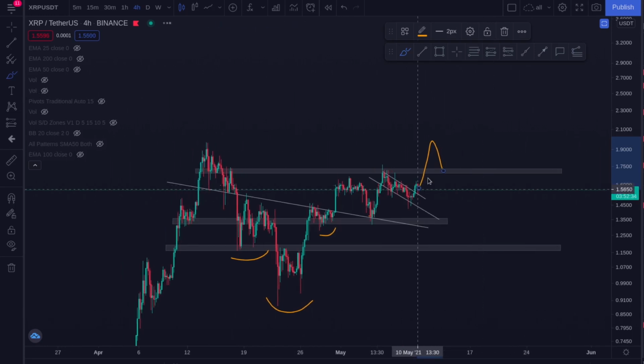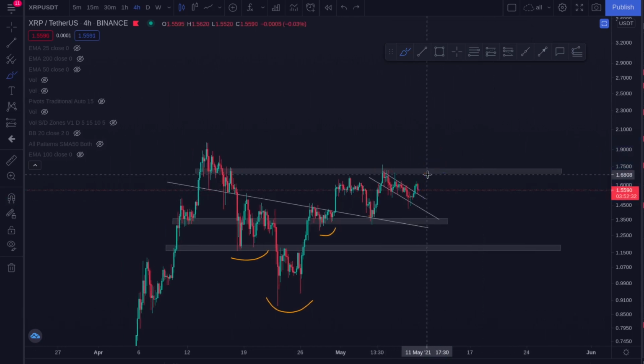XRP looks very bullish to me, as we had two patterns confirming the bullish and two breakouts. So yeah, I'm still buying XRP over here, and would buy more somewhere around these ranges as well. I'm very bullish on XRP overall.